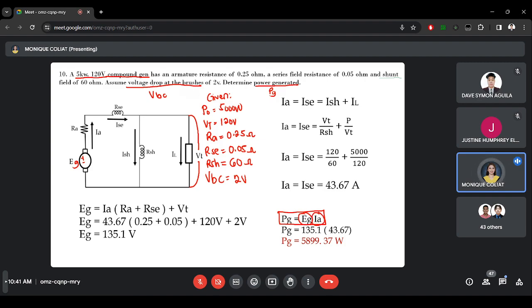Okay, so what do you think is the first one we will get? Kukuhanin natin first is IA because to get EG, we need IA. Right? So we have to get first RA. And then to get IA, mag-KCL kayo kay node A.